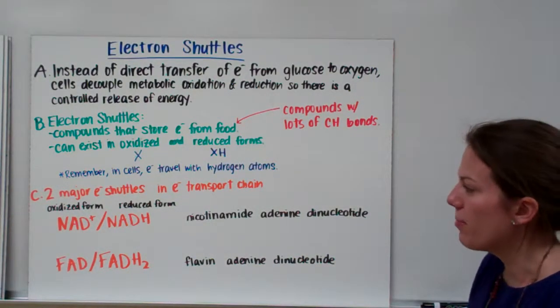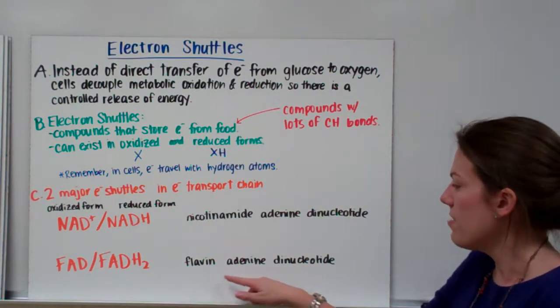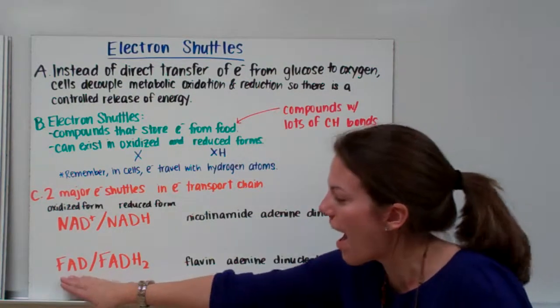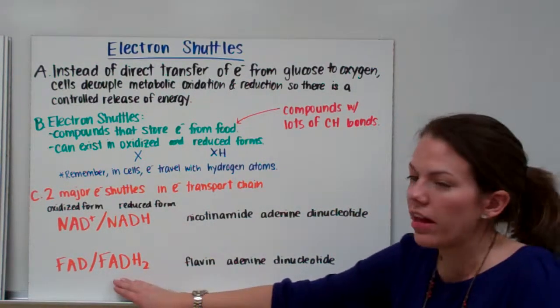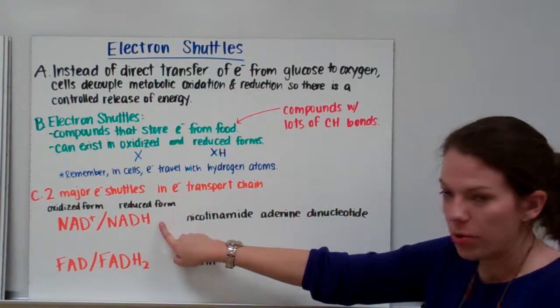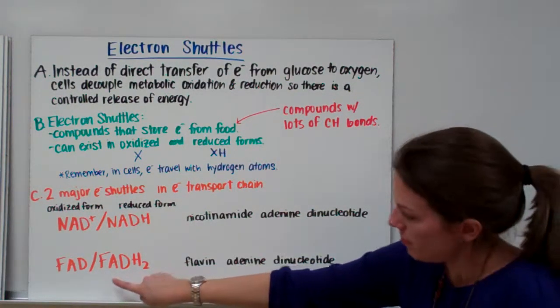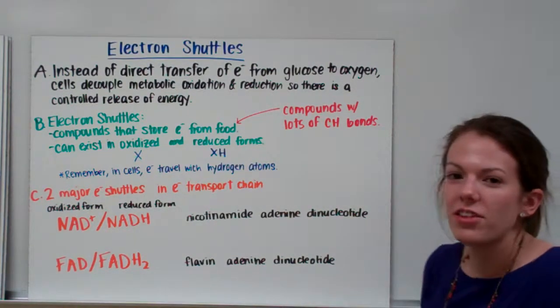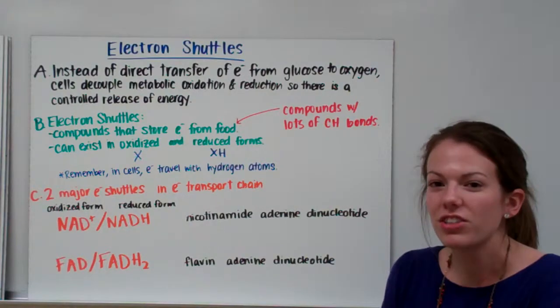Our other major electron shuttle is flavin adenine dinucleotide, which we'll abbreviate as FAD, and it can carry two electrons, so it's FADH2. NADH only carries one electron, while FADH2 can carry two. All right, so that's it for our introduction to metabolism.